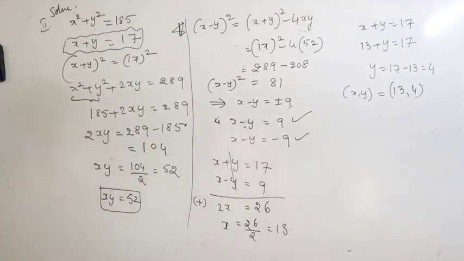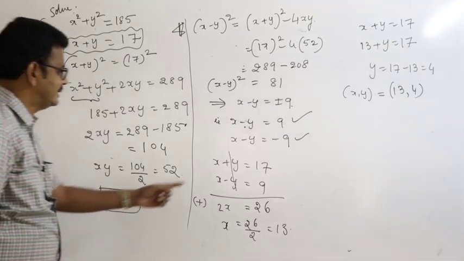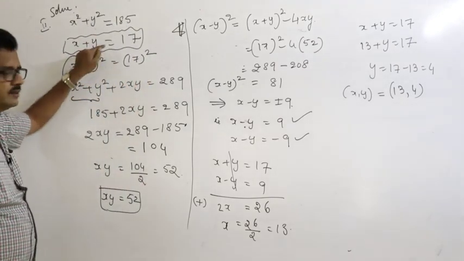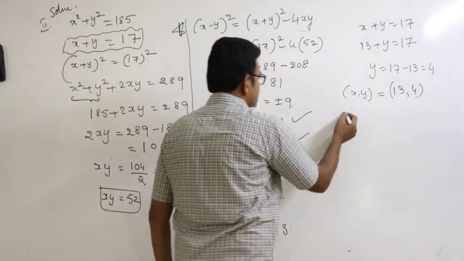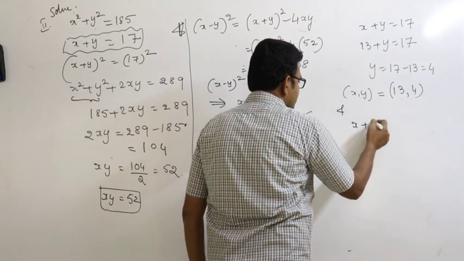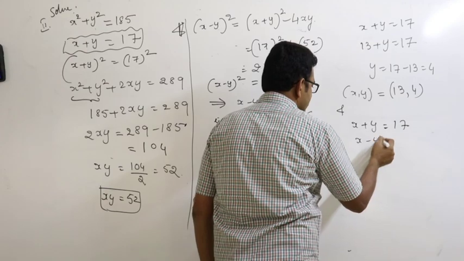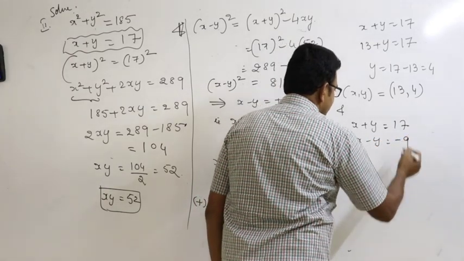If you take the second one, x plus y is equal to 17 and x minus y is equal to minus 9.